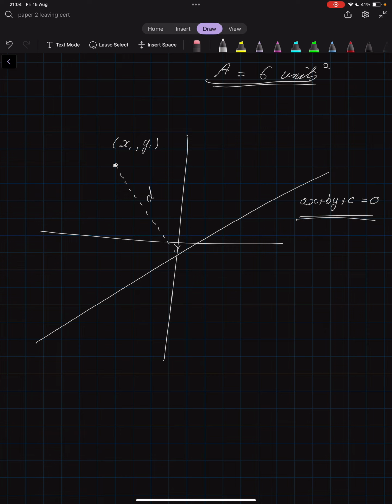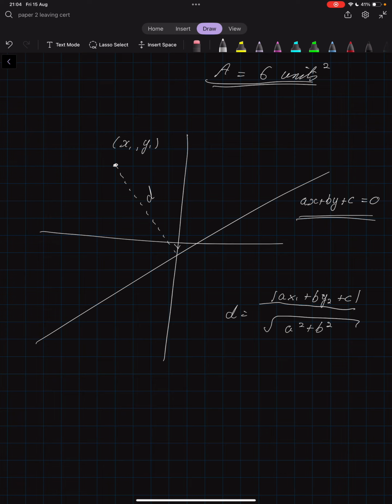Specifically, it has to be in this form, okay? That's how you know what a, b, and c are, okay? The distance is the magnitude of ax1 plus by1 plus c, all divided by the square root of a squared plus b squared, like that. And that's it, okay?